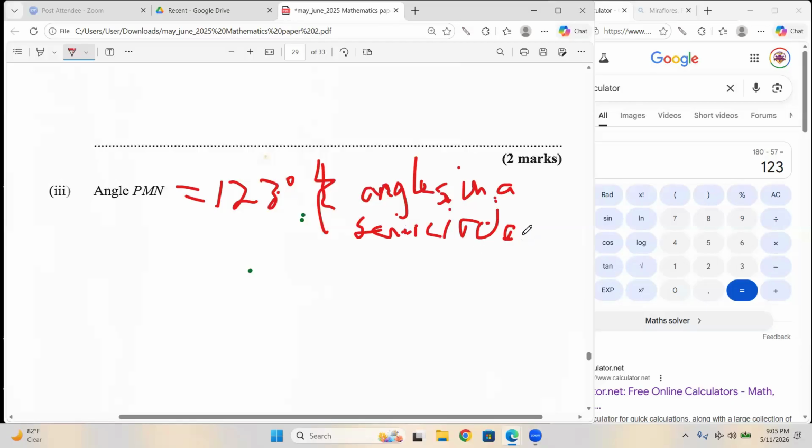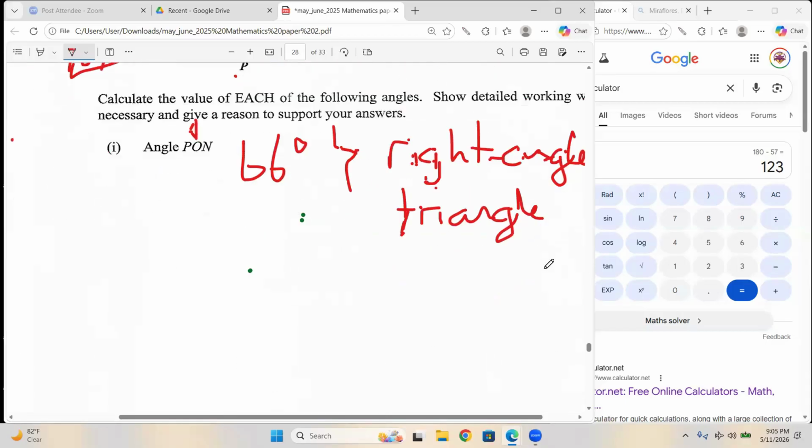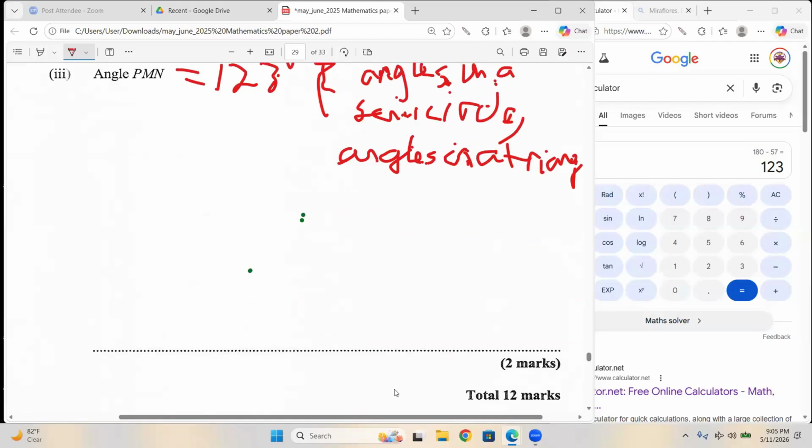Angles in a triangle. Some people say sum of the angles in a triangle, but you just get one mark for the reason, so you don't have to do that. So angles in a triangle will work. And the final one, I didn't get to write all this properly.